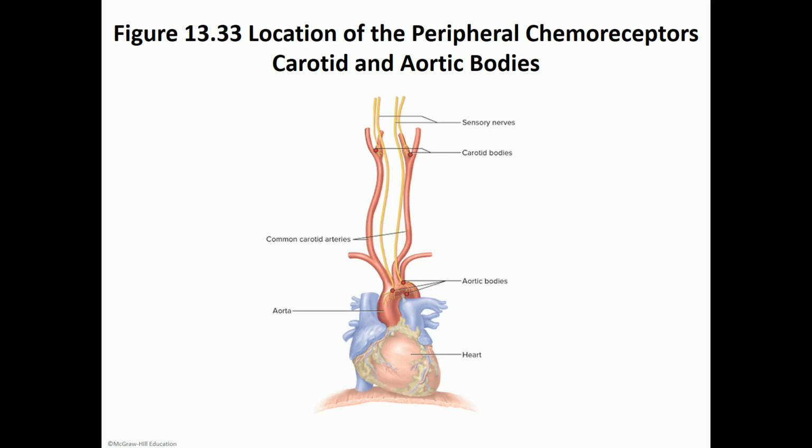They are found in the aortic bodies, which are found in the arch of the aorta, and other chemoreceptors are found in the carotid bodies, which are found at the bifurcation of the common carotid into the external and internal carotid arteries. Again, the carotid and the aortic chemoreceptors are going to detect changes in levels of oxygen, levels of carbon dioxide, and pH levels.